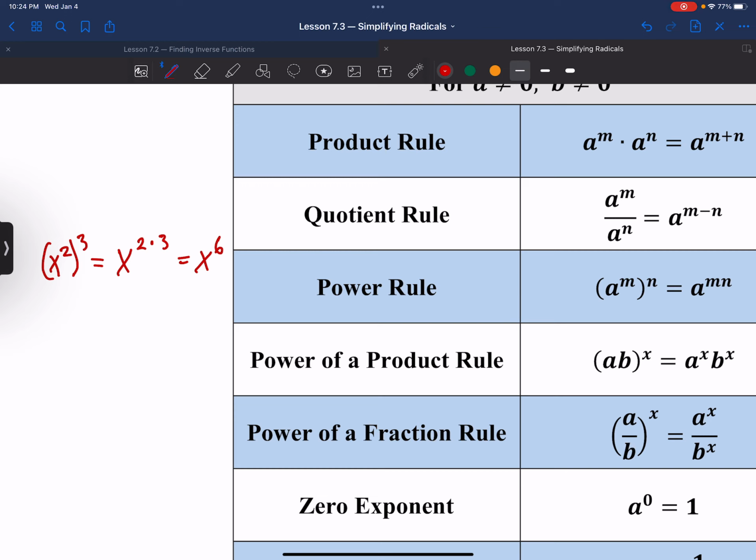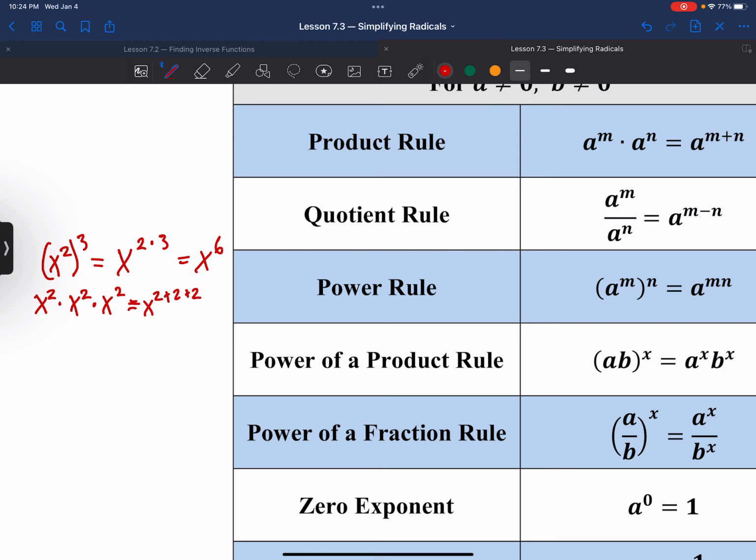Now, why is that true? Well, what we're doing is cubing the term x squared, which means we're taking x squared and multiplying it by itself 3 times. Well, more like 2 times, but I don't want to get into the specifics of that. So x squared times x squared times x squared. And we know by the product rule that this is x to the 2 plus 2 plus 2, right?